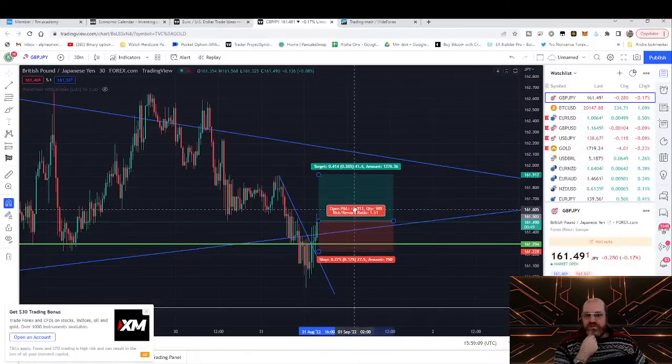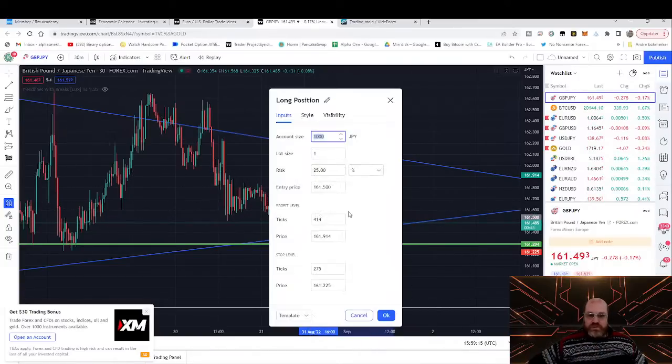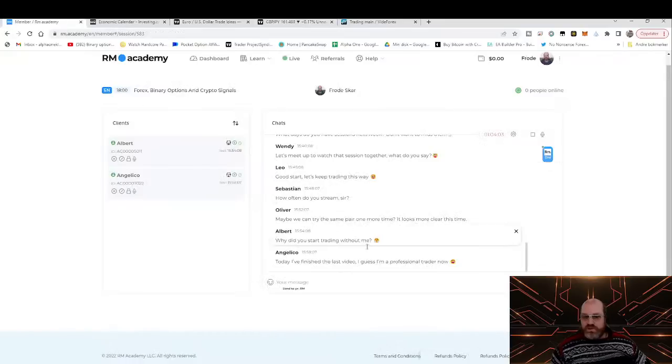No, we get a little better entry. So let's take it there. We can take this trade now. It will close up there. So then we take our entry here. This is GBPJPY. So GBPJPY long trade.